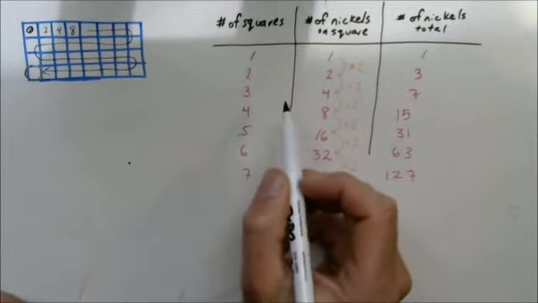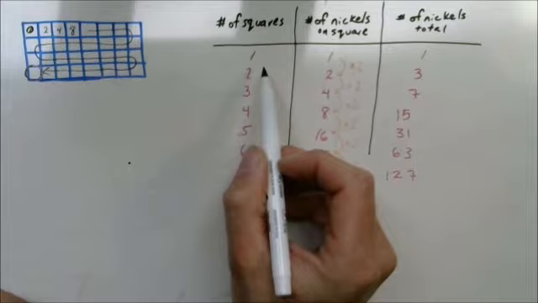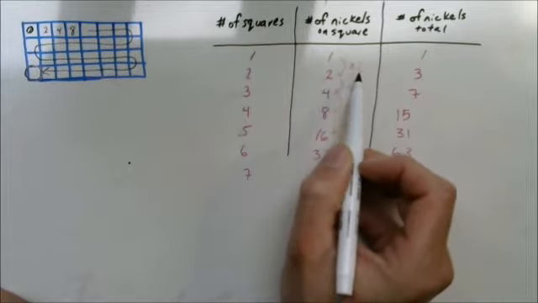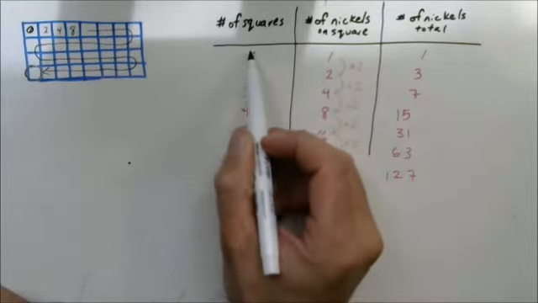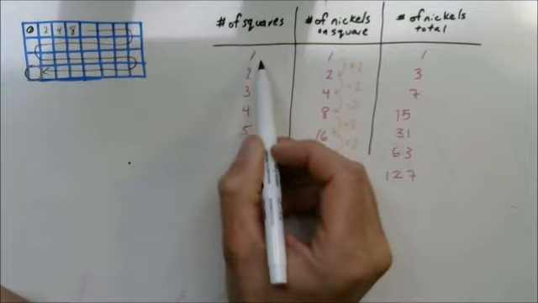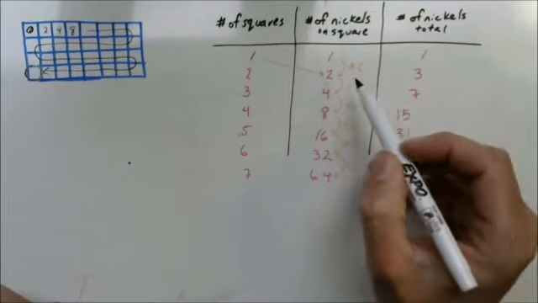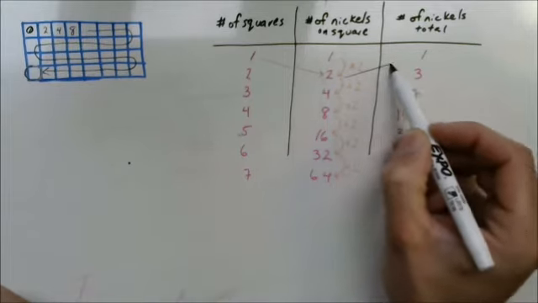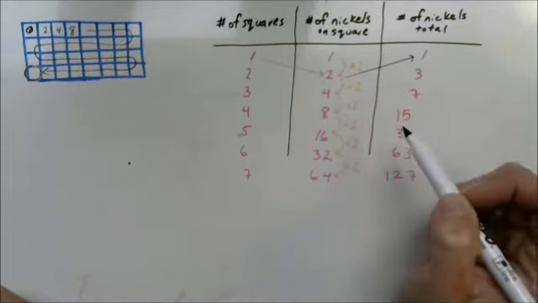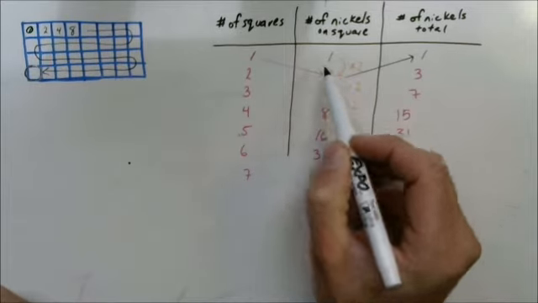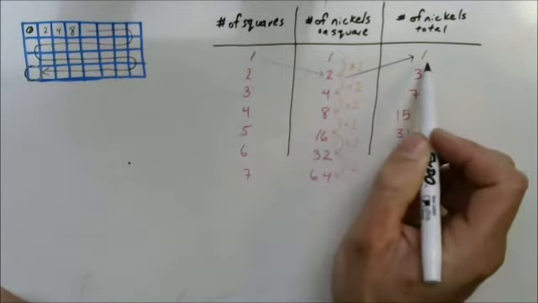I'm sure the pattern was pretty tough to see, but if you took the factor of 2 and you raised it to the power of 1, you would get 2. And then if you subtracted 1, you'd get 1. So 2 to the power of 1, subtract 1 is 1.